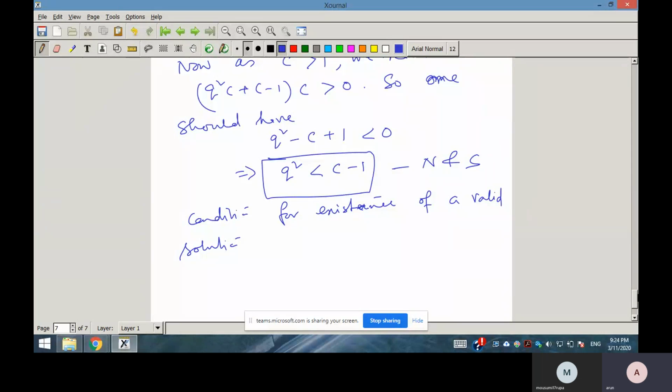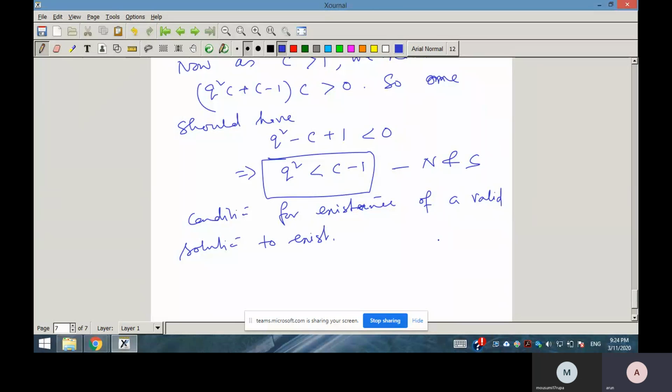Valid here means positive solution. So if a given combination is there, then this is the necessary and sufficient condition for a valid solution to exist.